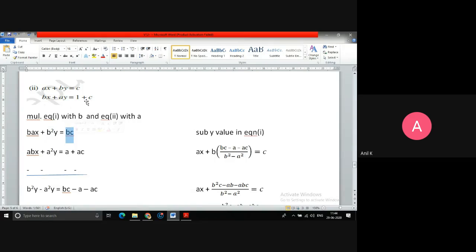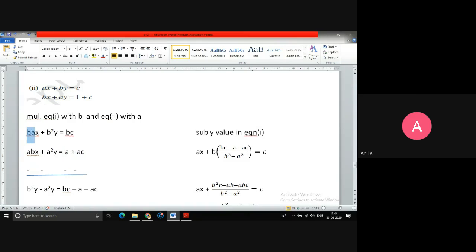Now equation 2 I have to multiply with a. a into bx is abx, a into ay is a square y, and a into 1 plus c: a into 1 is a, a into c is ac.